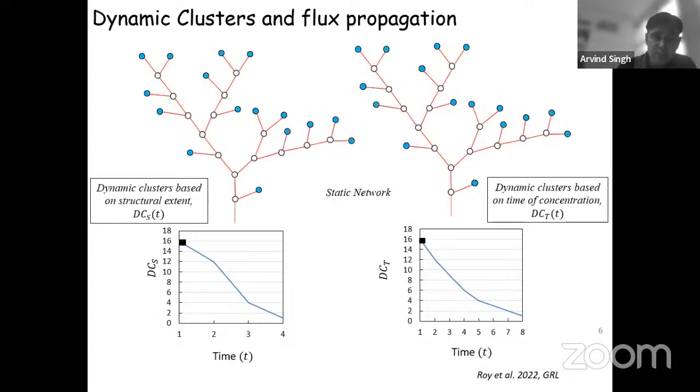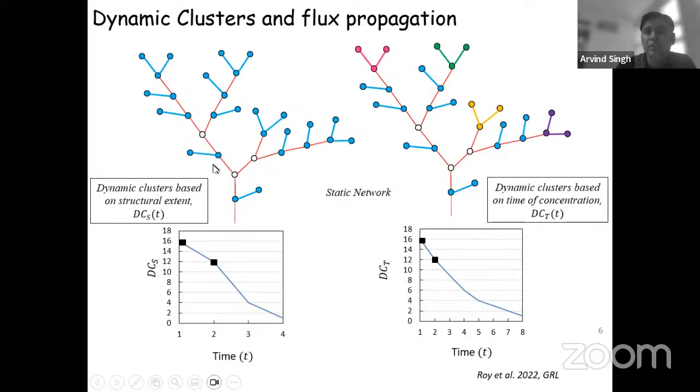Starting with 16 source nodes in both cases, when these fluxes propagate downstream, assuming a constant velocity, because we are analyzing the effect of topology on flux propagation, and unit length of these links or channels, at time instant 2, there are 12 clusters formed in both cases.